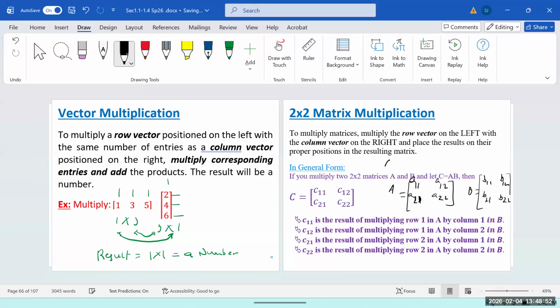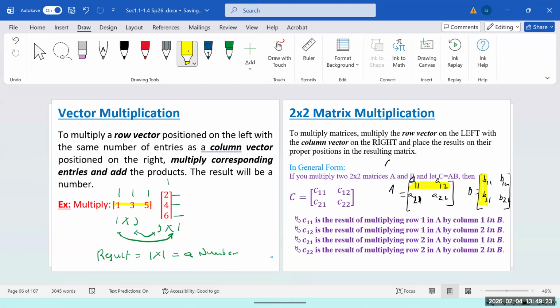Since both of them are 2 by 2, we can multiply and the result will be 2 by 2. Now when you multiply, what we do is we take one entire row and multiply it with one entire column, and we multiply individually each element in the proper position and we add them.